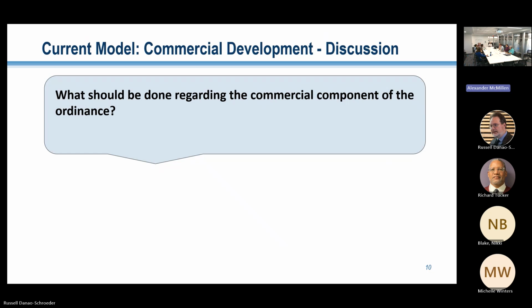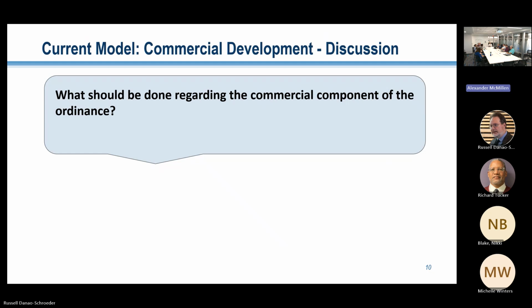Yeah, and I think what we're trying to do is recalibrate that on-site cash contribution for residential so that they're more or less, as you said before, in parity or somewhat commensurate, probably not exactly the same, but close. If that's done for that, do we also look at the commercial component, or do we leave it as is?